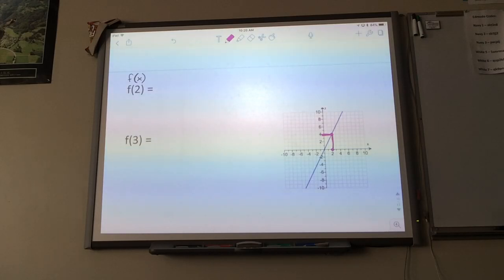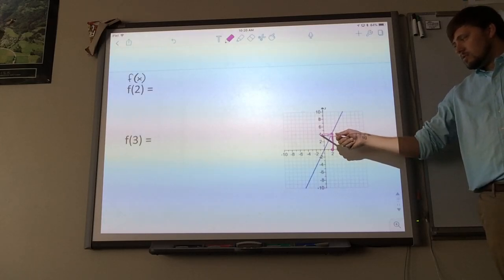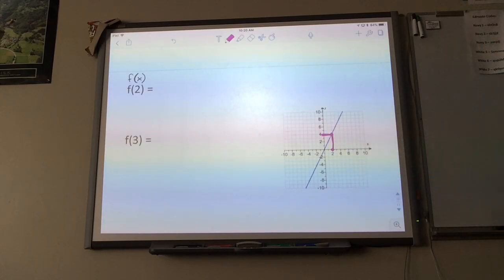When x is 2 here, our y value is at 4. That's where that blue line is. Okay, so what about f of 3? When x is 3, where is our line? Where is our y value? Here's 3. 6.